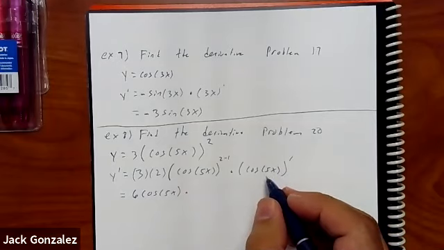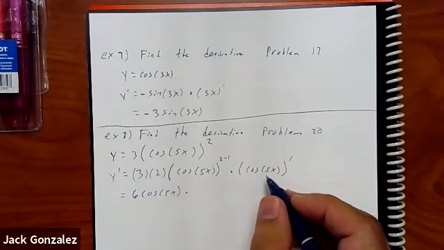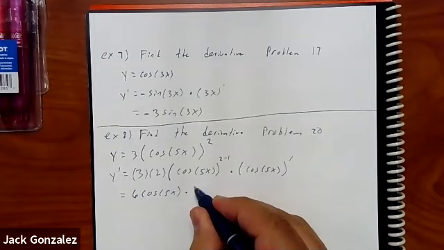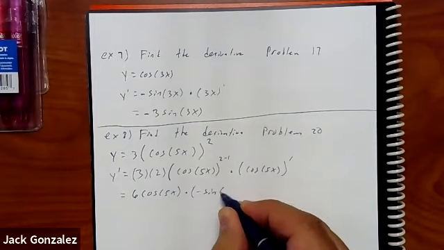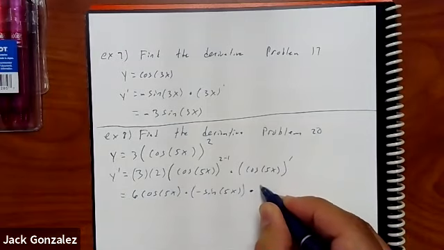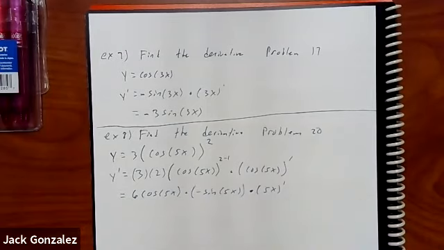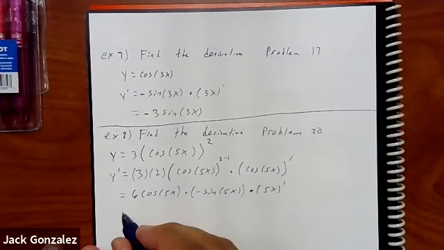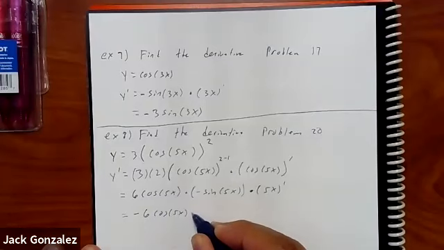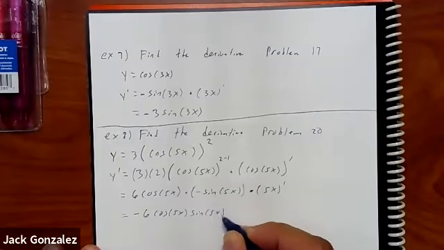All right, the negative sign. Negative sine 5x, right? Yes, that's right. And then times the derivative inside of that. So this will be -6 cosine 5x sine 5x.